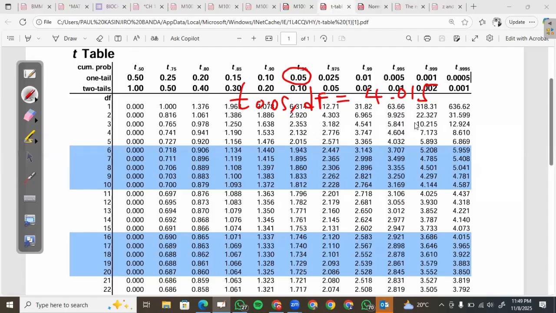I can see 4 point something, 4 point something, just like that. So 0.05, and I'm looking for 4.015. So where's the 4.015? Among my t values, I'm looking for 4.015. Where can I find my 4.015?